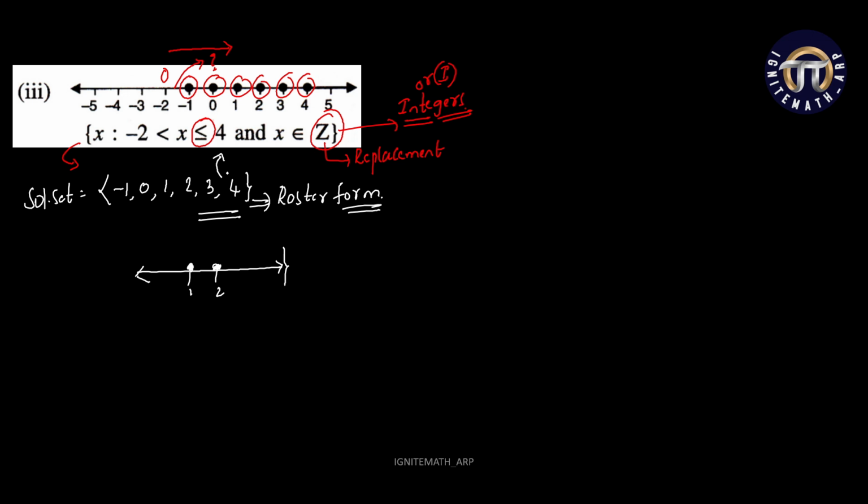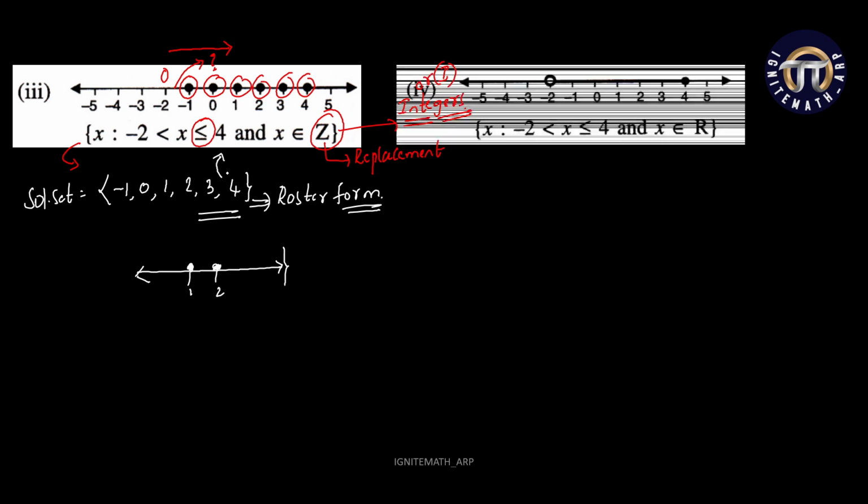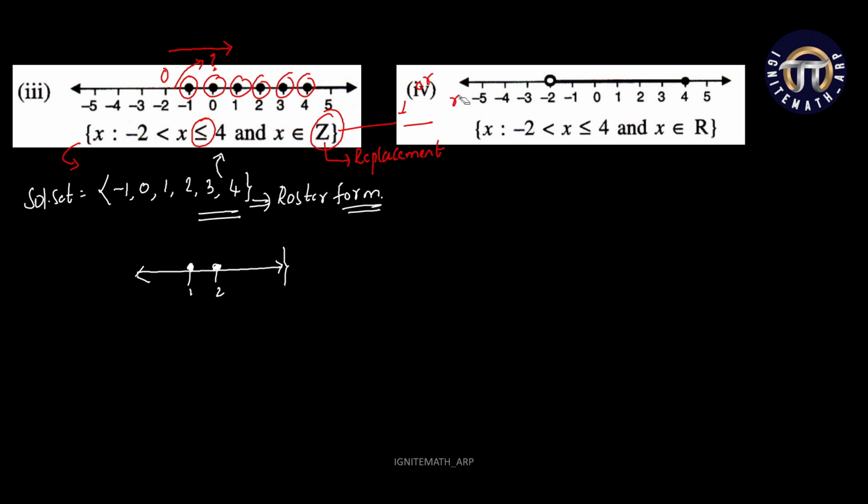Is that clear? Now you take the next example, children. In the next example, please understand it carefully. Now you need to concentrate on what the replacement set is. Again here, the replacement set is the set of real numbers. Whenever it is the set of real numbers, one idea should pop into your mind: I need to darken the intermediate places.